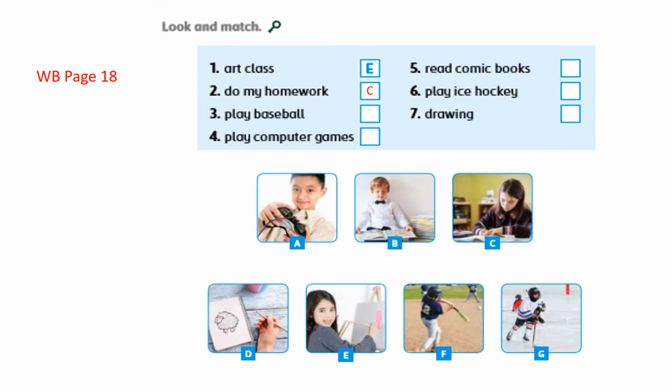F, play computer games. Play computer games. A, read comic books. B, play ice hockey. Play ice hockey. G, drawing. Drawing. D. Thank you very much.